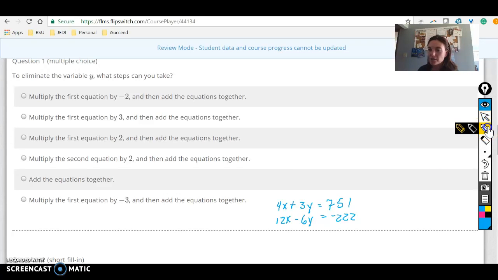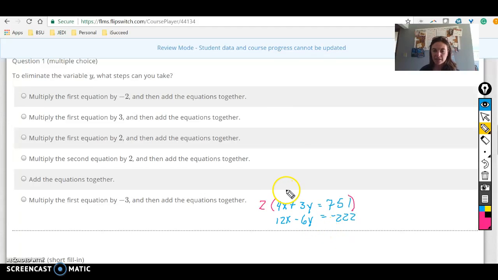So if I were to simply multiply that top equation by a positive 2, it would give me a 6y that I could combine with a negative 6y, and the y term would go away.